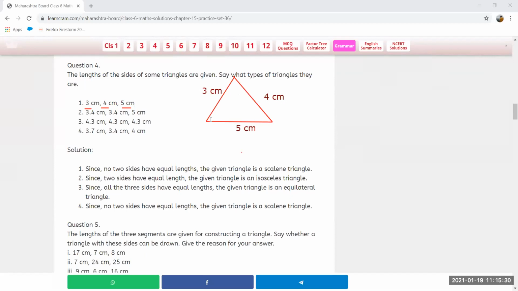So this is the length of the sides. If the lengths of the sides of some triangles are given, say what type of triangle they are.